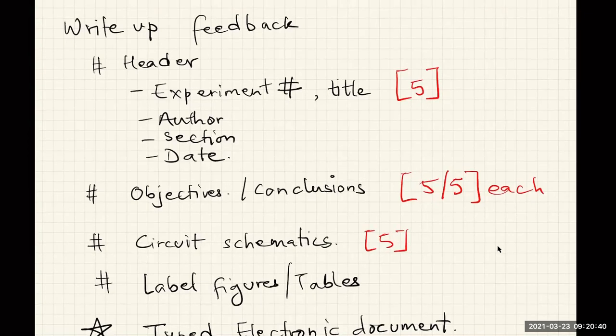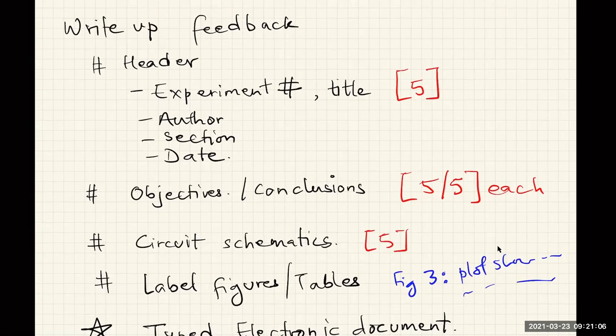The fourth thing is labels and figures on tables. Anytime you include a figure or a table or a plot, you must give it a figure number. For example, figure number 3, plot verifying Ohm's law.